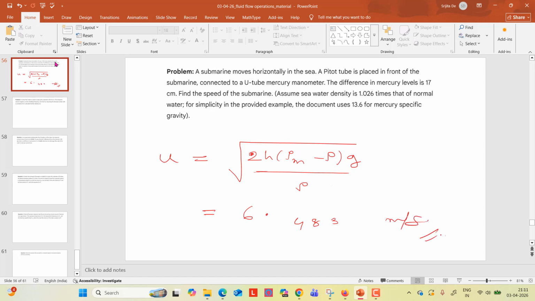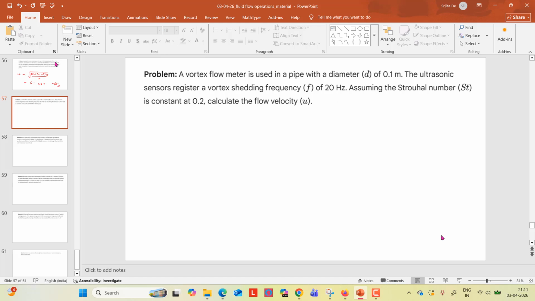Next, a vortex flow meter is used in a pipe with a given diameter. The ultrasonic sensors register a vortex shedding frequency. Assume the Strouhal number is constant, and calculate the flow velocity. Okay. So the Strouhal number formula is St equals frequency into diameter by velocity, right?